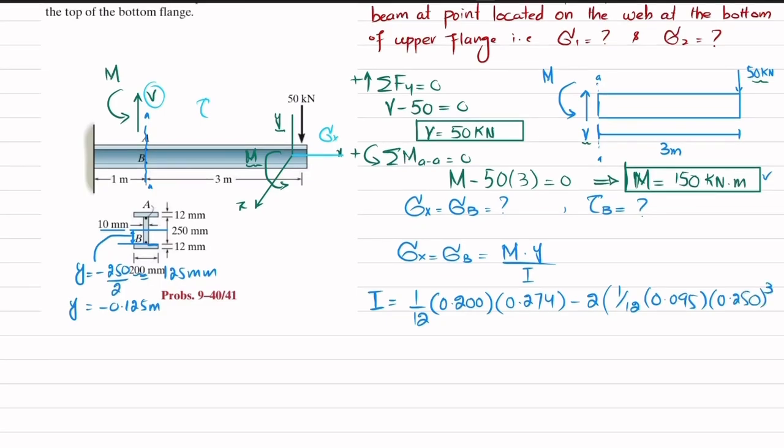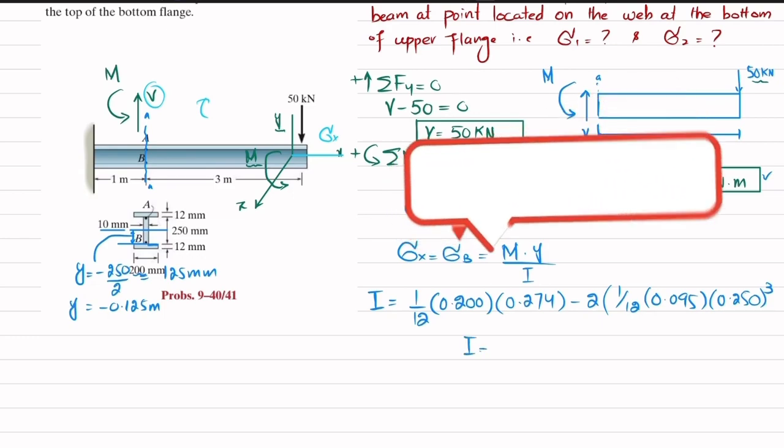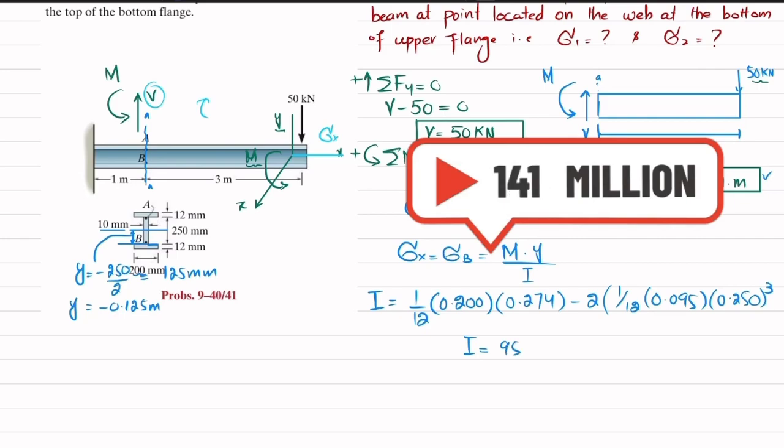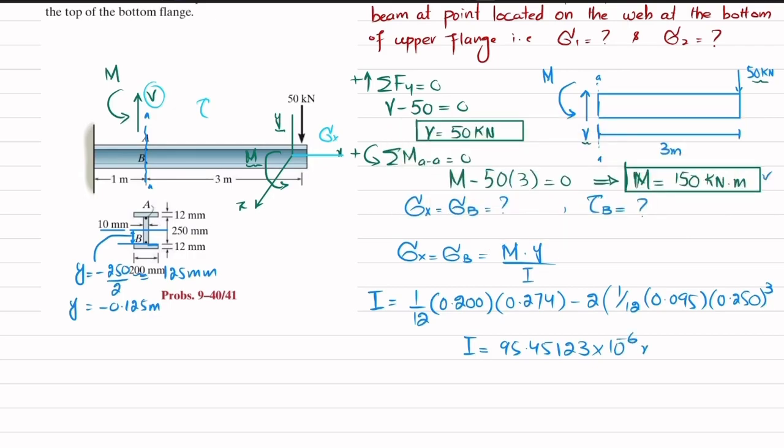Now when you solve this, you will get the moment of inertia comes out to be 95.45123 into 10 raised to power minus 6 meter power 4. Now you have all the values. You can find sigma B is equal to M into yB divided by I.